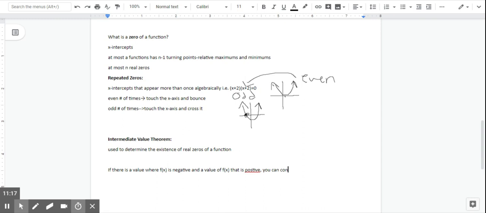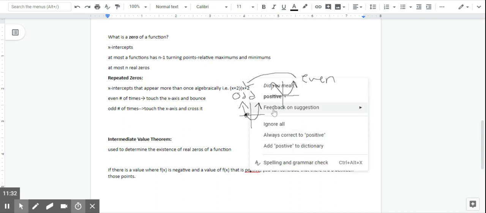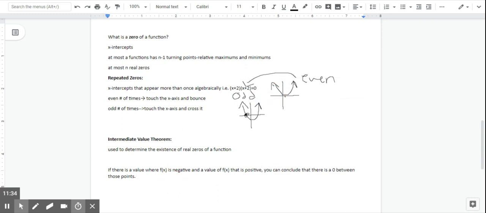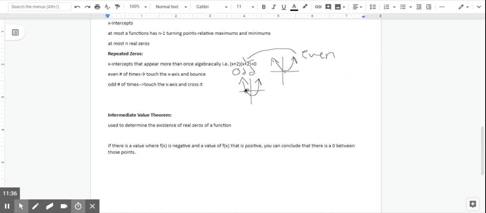you can conclude that there is a 0 between those points. This sounds confusing, anytime we talk about mathematical definitions of things, it always sounds more confusing than it is.